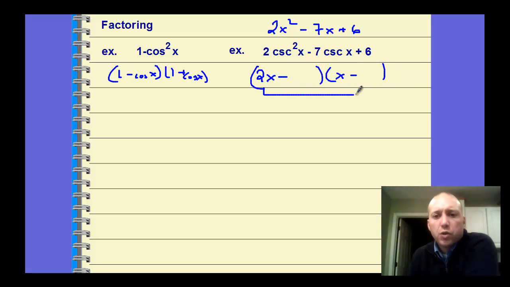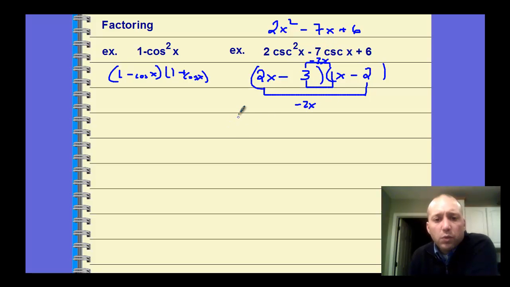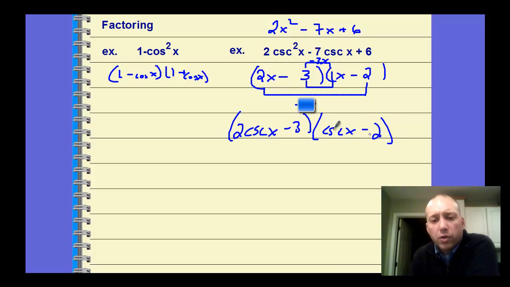So 2 times what number plus 1 times what number would equal negative 7. 2 times 2 would be 4, and then the 3 times the 1 would be 3, and 4 and 3 is 7. So I can rewrite that, and instead of using x, I'm writing that with cosecant x. Everything else in the factoring is the same thing. So if you want to rewrite the polynomial to help you out, you can.